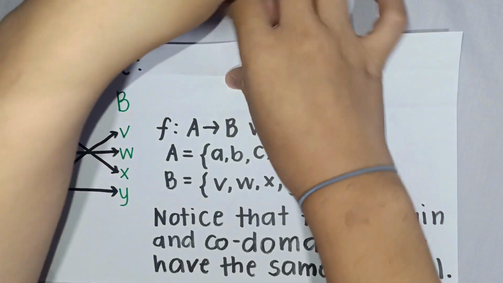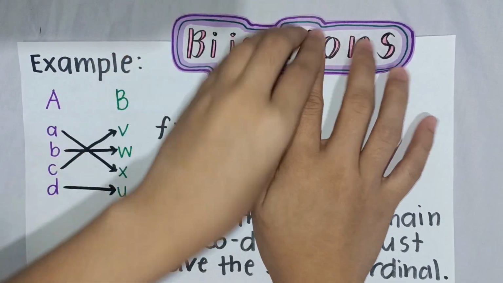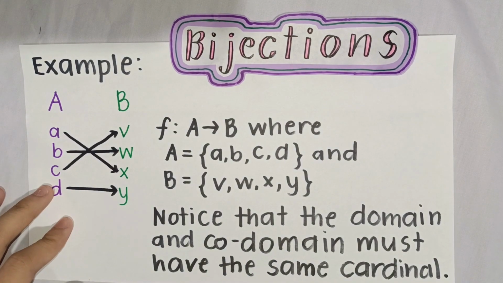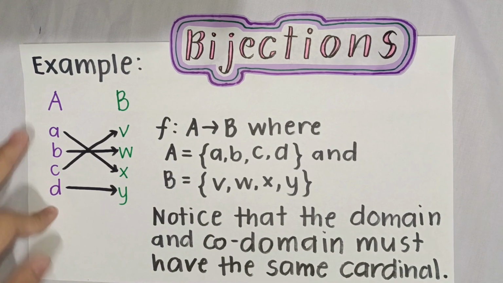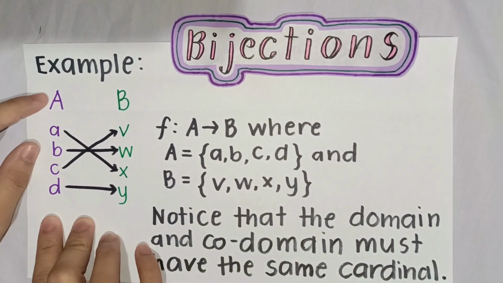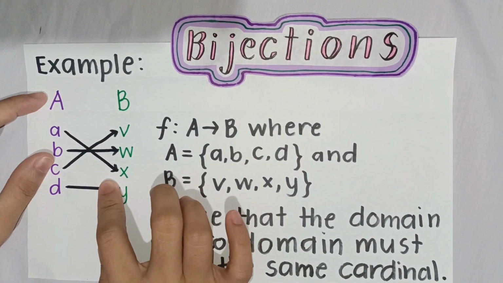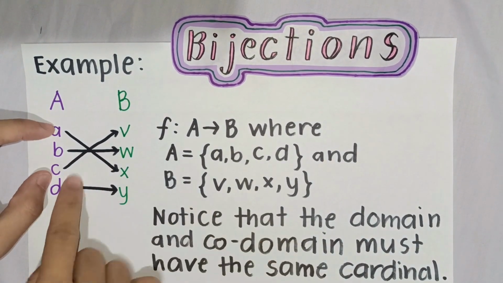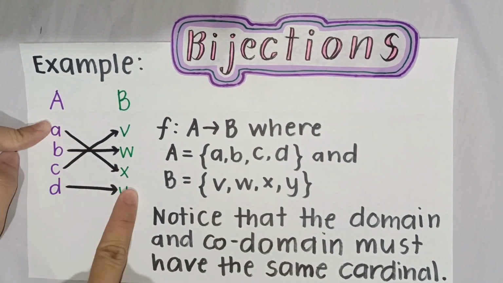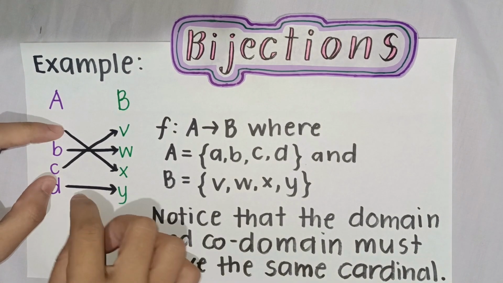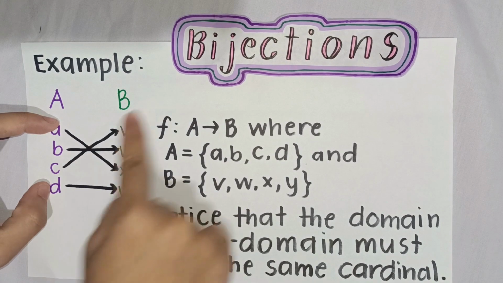We have this example. As we can see in this illustration, we also have the two sets, set A and set B, where set A is the domain and the set B is the codomain. As we can see in here, there is exactly one arrow which indicates that each element of A has exactly one range.